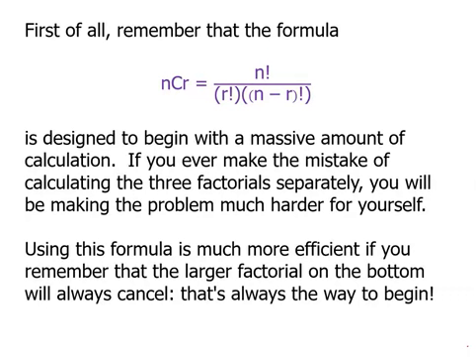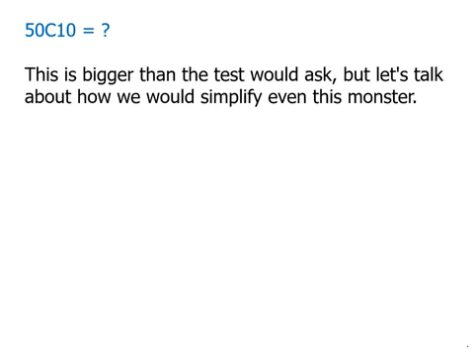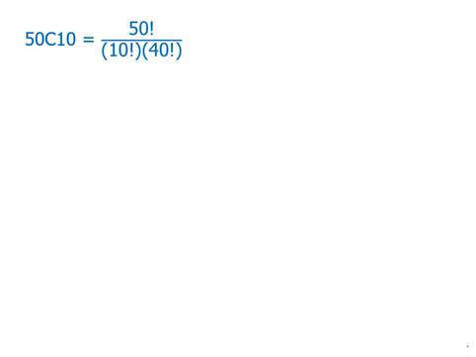And so just as an example, I'm going to calculate that combination that I had on the first slide, 50 choose 10. Now this would be much larger than anything the test would expect you to calculate, but I'll show this just for the sake of an example. So first of all, plugging into the formula, we get 50 factorial over 10 factorial times 40 factorial.